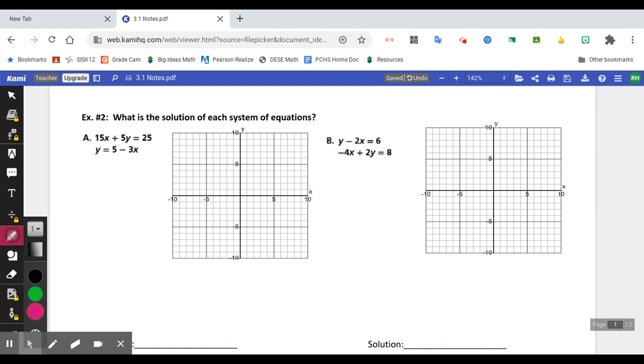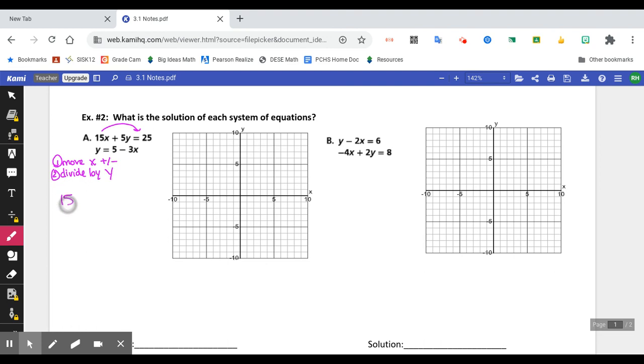So same thing on example 2, only you'll notice now that they are not both written in slope-intercept form. So we're going to start by doing that, okay? So if you remember, in order to do that, we need to get x on this side. So step number 1 would be to move x by adding or subtracting. And then step number 2 is going to be to divide by y.